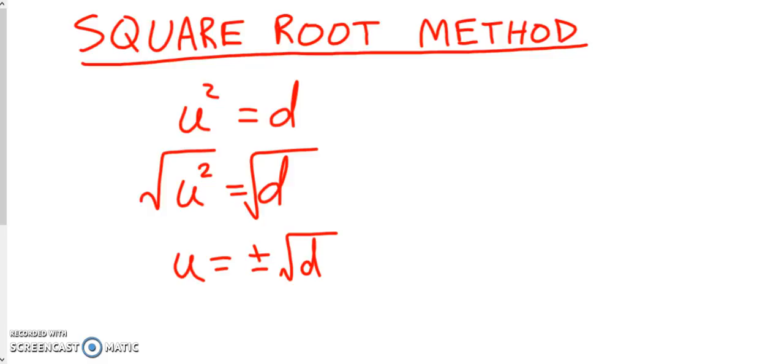So that's why the plus or minus has to go there. And that's important. Now let's look at some examples. So, let's say I have 3x squared minus 15 equals 0. Well, unlike factoring, where you want this to be equal to 0, when you do the square root method, you want to isolate your x squared.